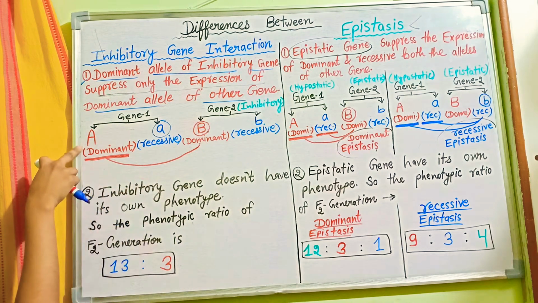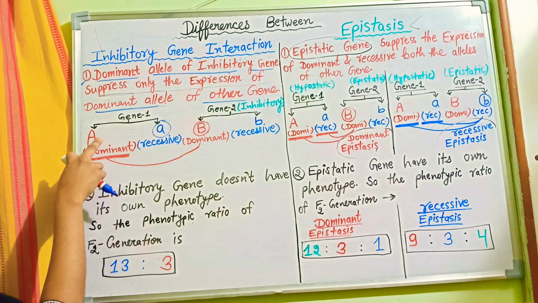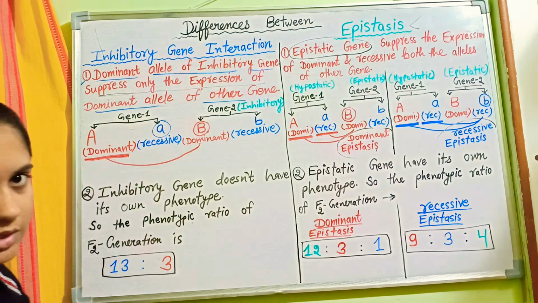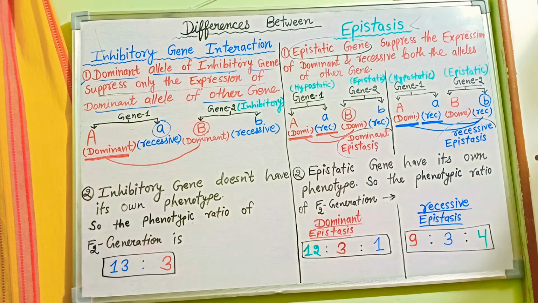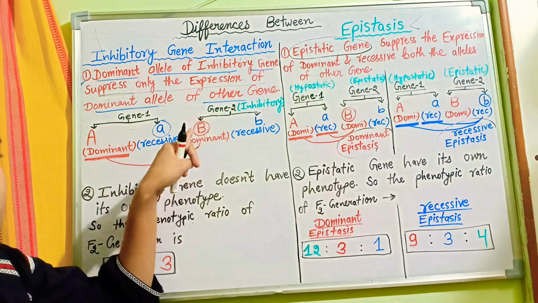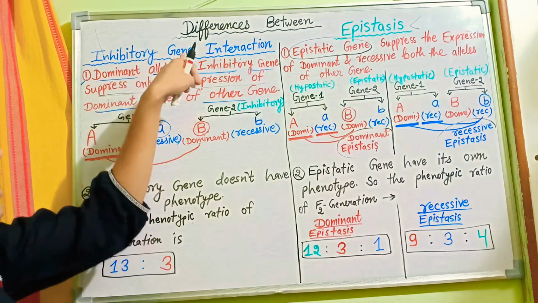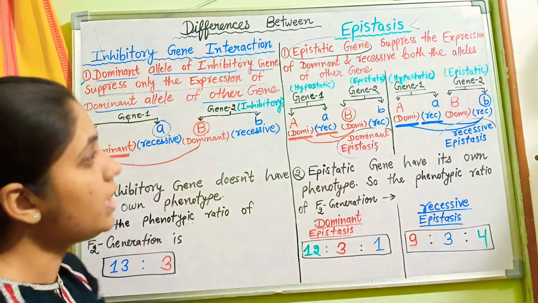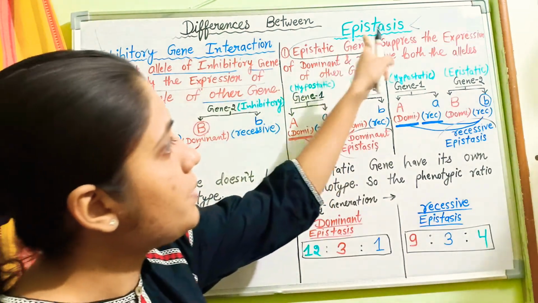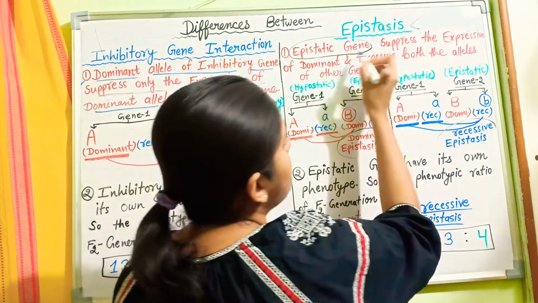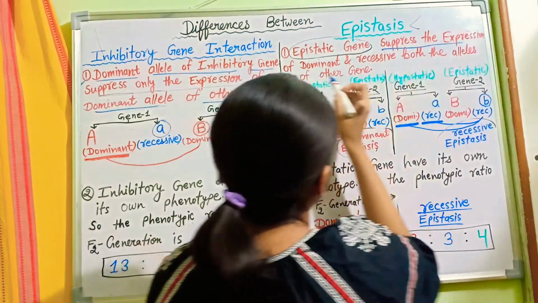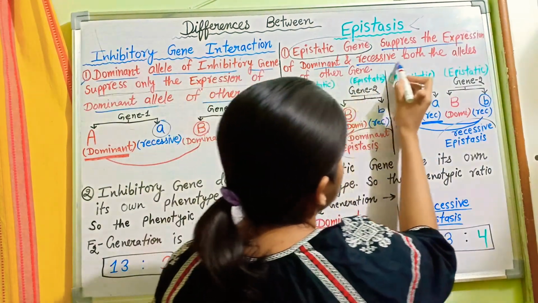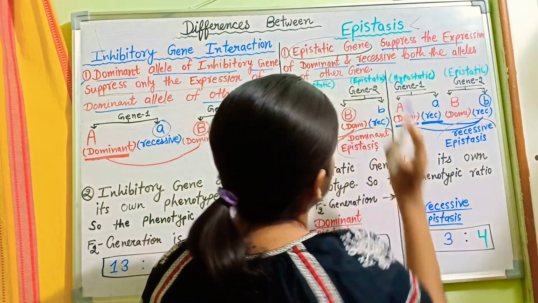Only the dominant allele, capital A of gene 1, is inhibited. So that is the limitation of inhibitory gene interaction. But in epistasis, the epistatic gene suppresses the expression of both the dominant and recessive alleles of the other gene.